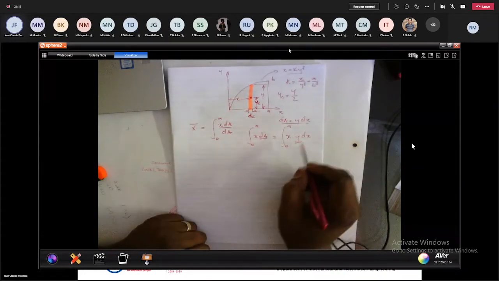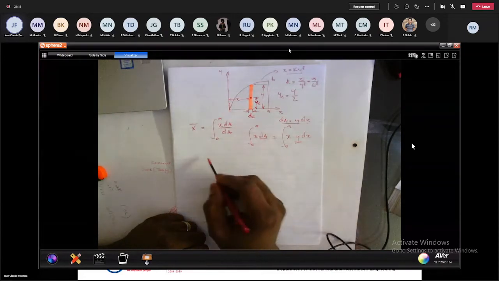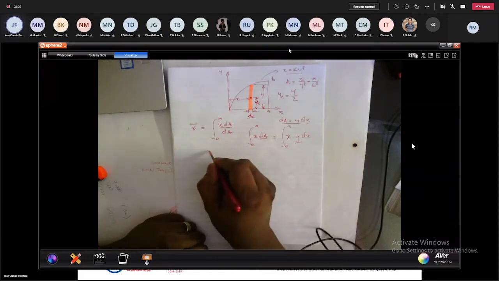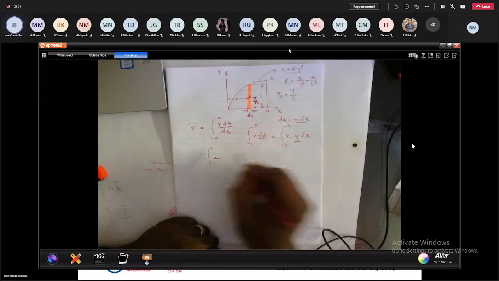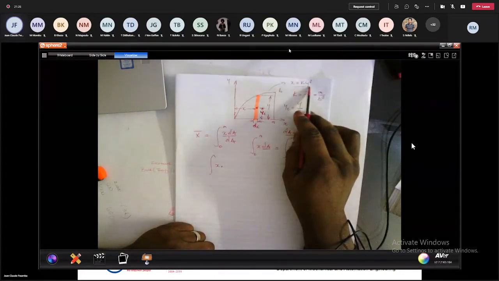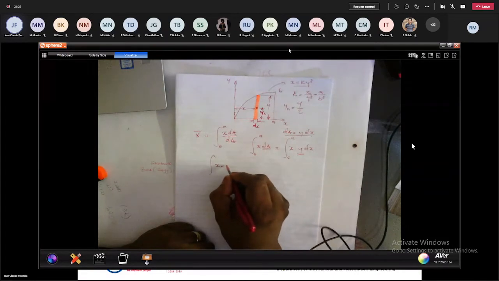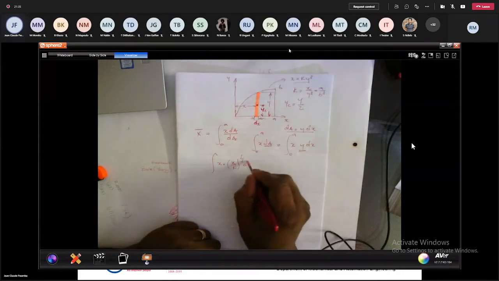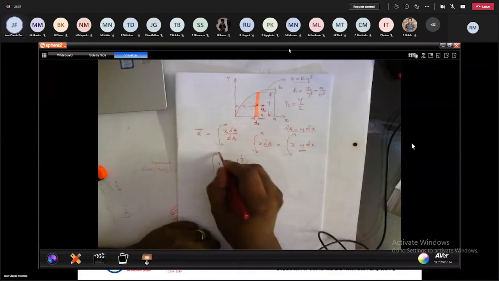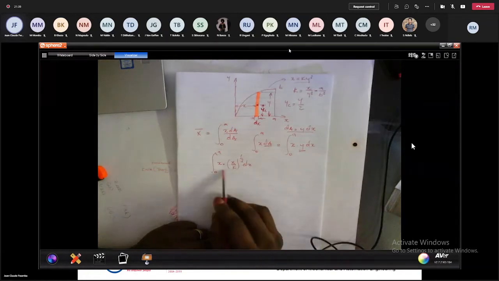So it will be integration of x times, if I express that in terms of y, x over k exponent 1/3 dx within my limit. Are we on the same page there?